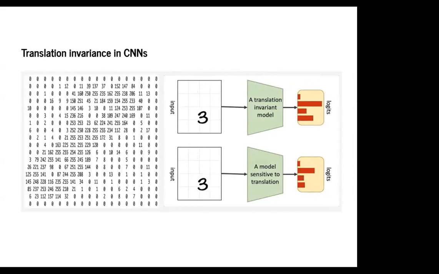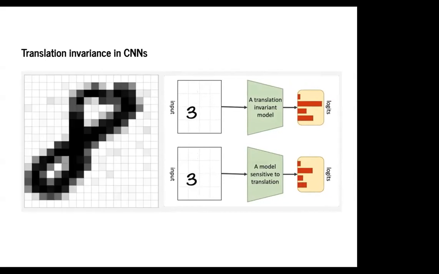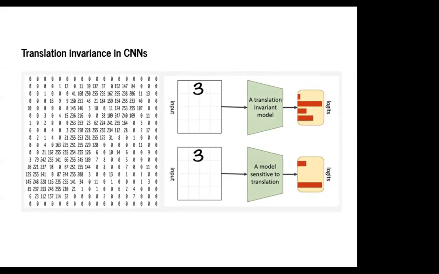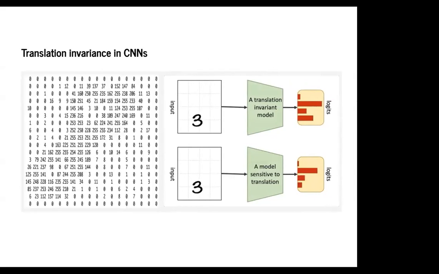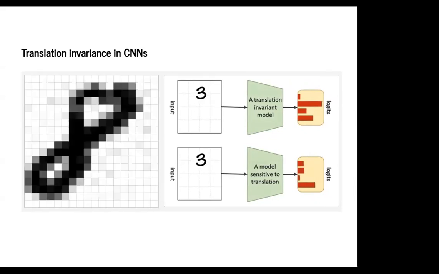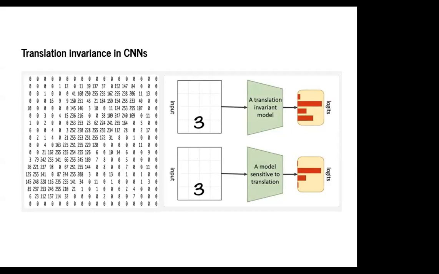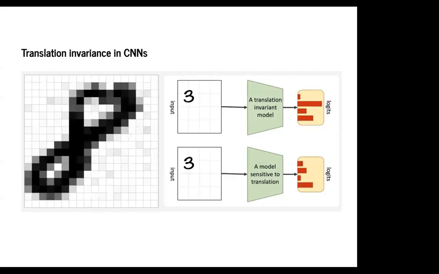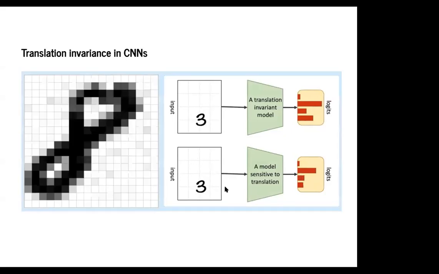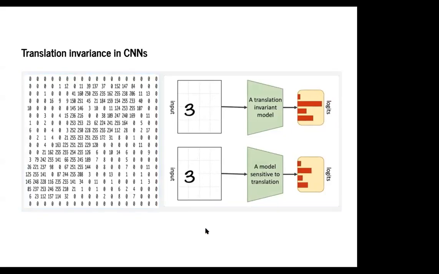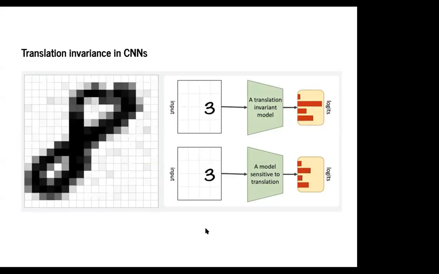What you're seeing here is an animation where we're presenting a model with an image. Then as the animation changes, we go from the image to a digital representation, which is what the computer obviously sees. On the right-hand side, we illustrate this notion of translational invariance that we want our CNNs to have.